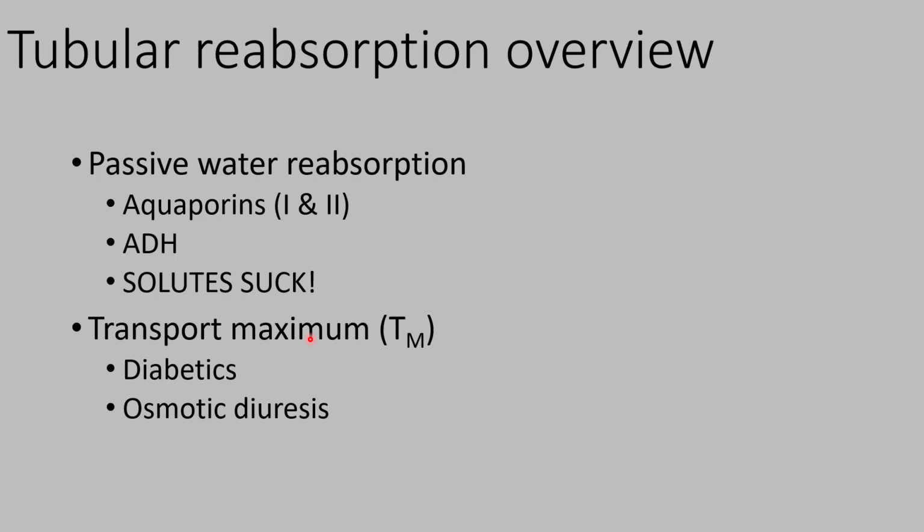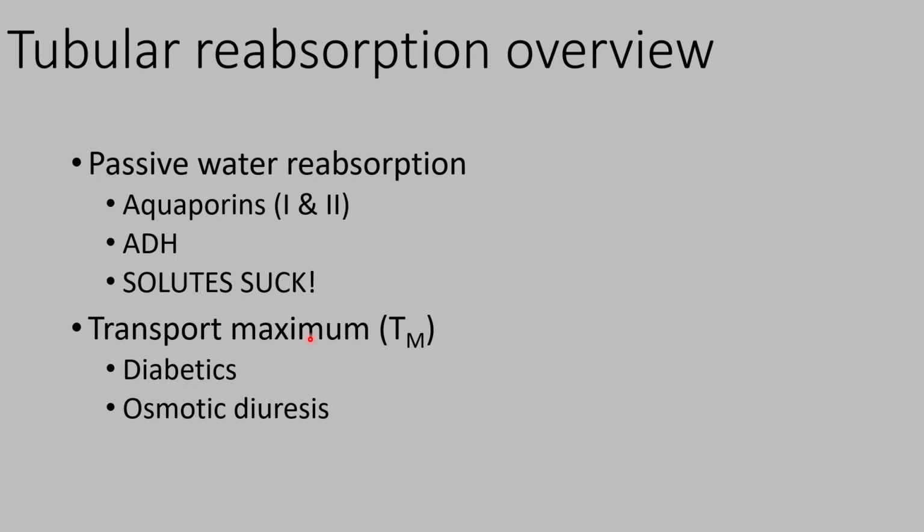Those proteins that reabsorb glucose suddenly cannot reabsorb all of that glucose. They can't work fast enough. And by the time we get through the proximal convoluted tubule, there's still going to be some glucose left in that filtrate.